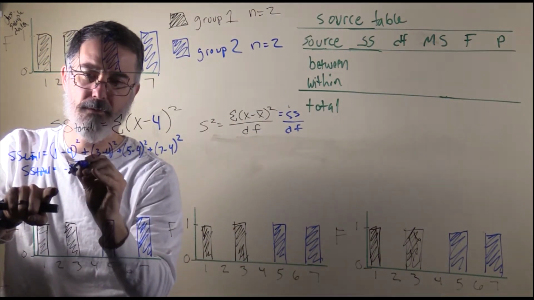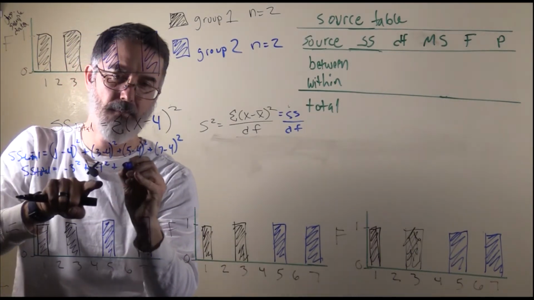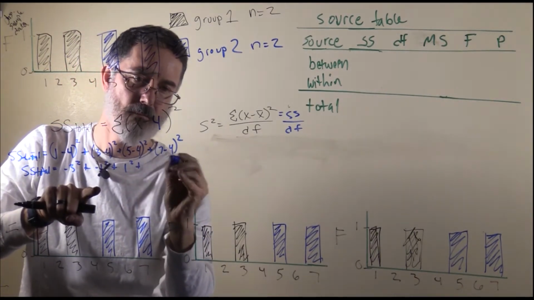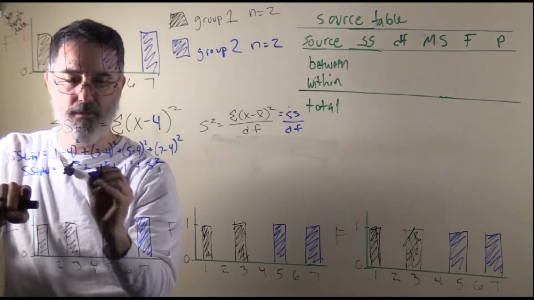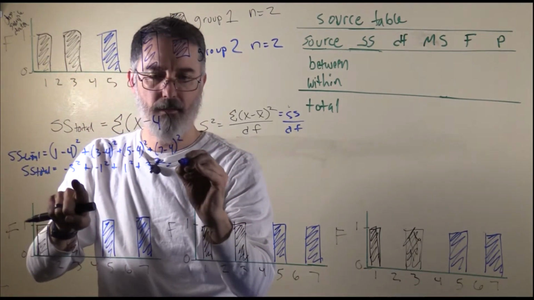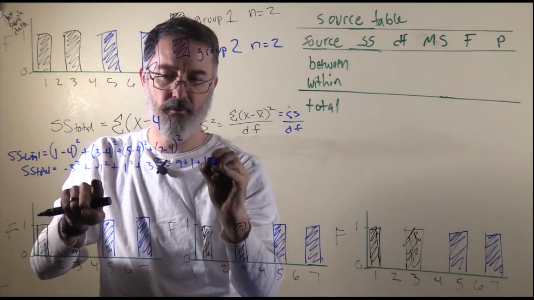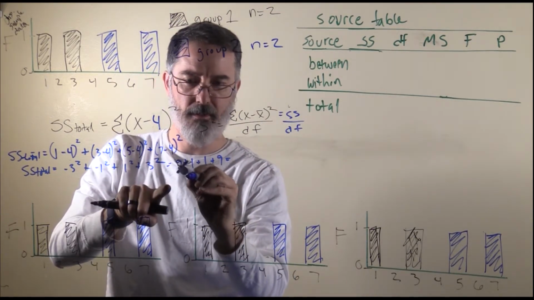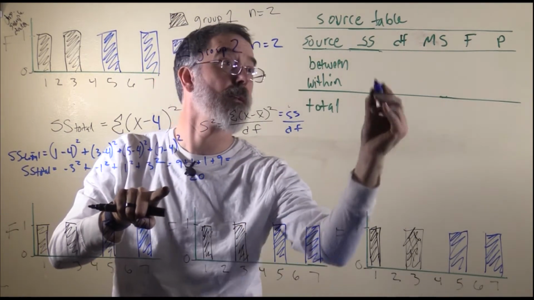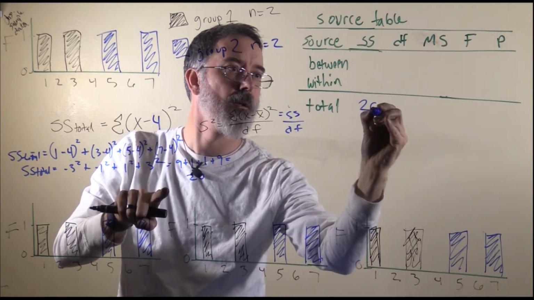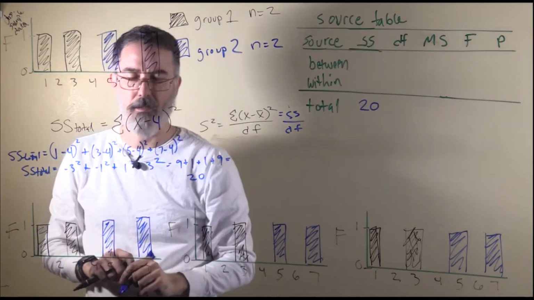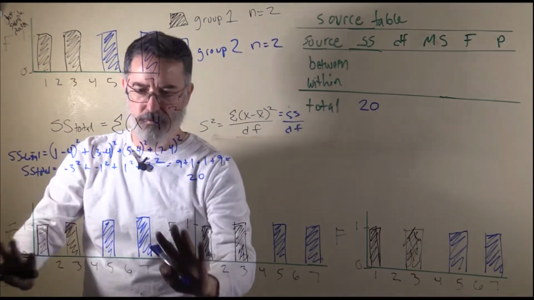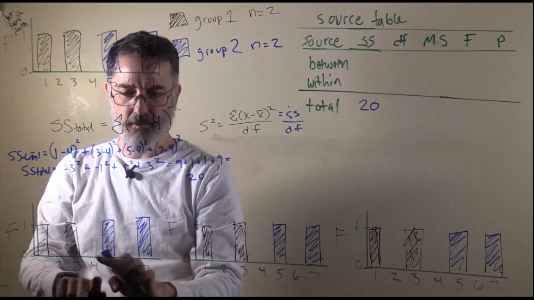So negative 3 squared plus negative 1 squared plus 1 squared plus 3 squared, 9 plus 1 plus 1 plus 9. So our sums of squares total is going to be 20. And we can actually visualize what's happening here.